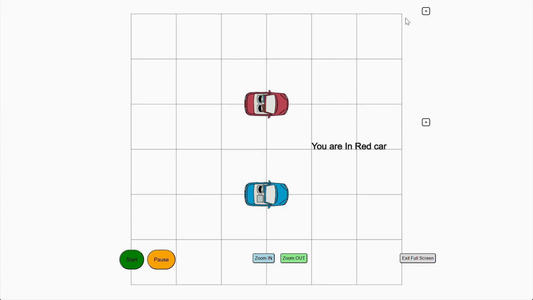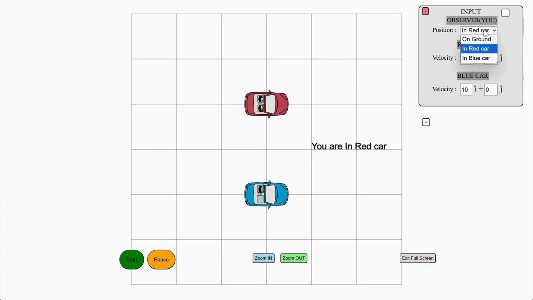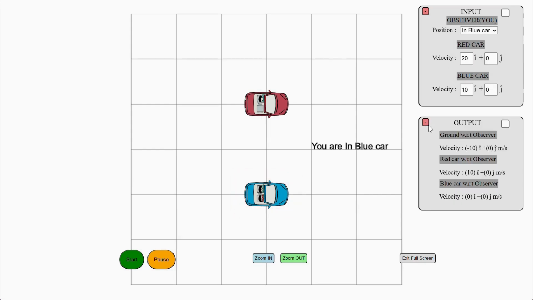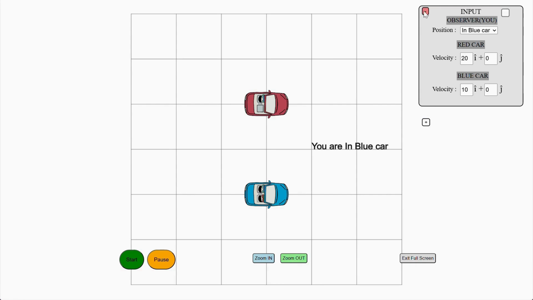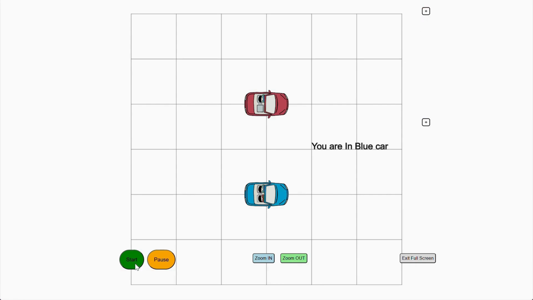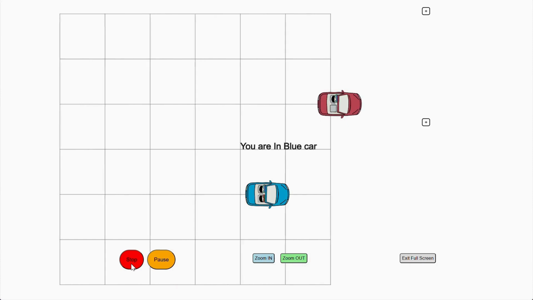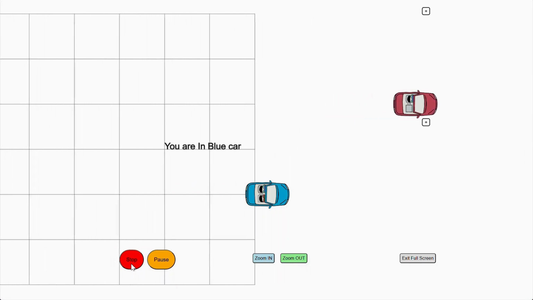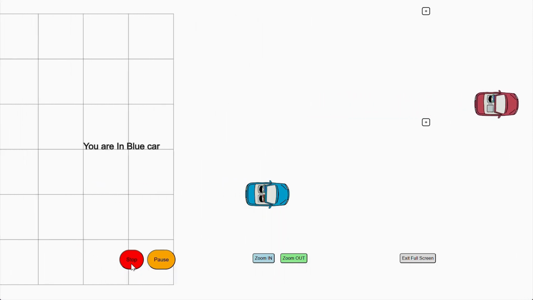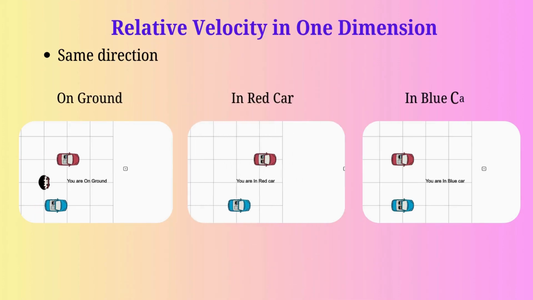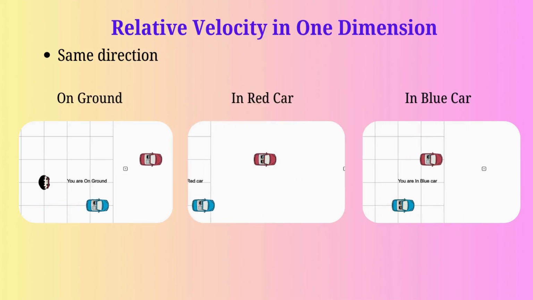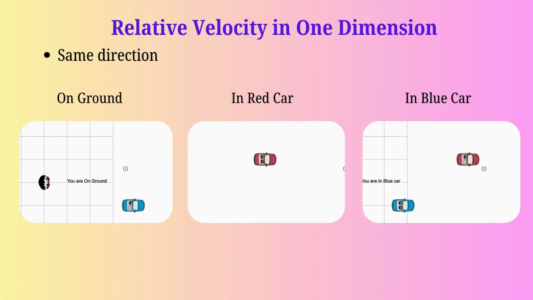Now, change the position to the blue car. Now, observe the motion. In all cases, the observer sees different velocities, which are the relative velocities with respect to the observer.